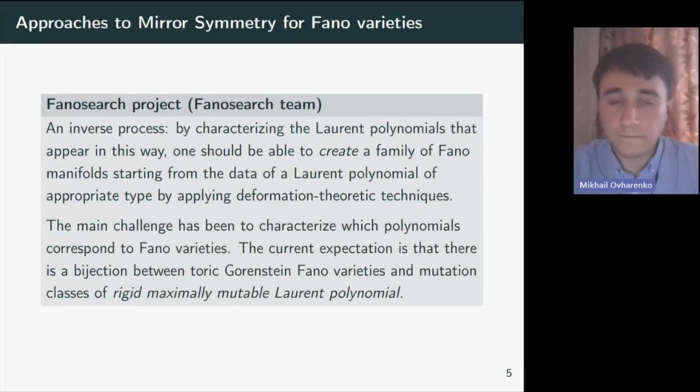And from that point of view, the main challenge is to characterize which polynomials correspond to Fano varieties. And the current expectation is that toric Fano varieties, which we additionally assume to be Gorenstein, should correspond to mutation classes of so-called rigid maximally mutable Laurent polynomials. But I do not want to give a strict definition. I do not need it.